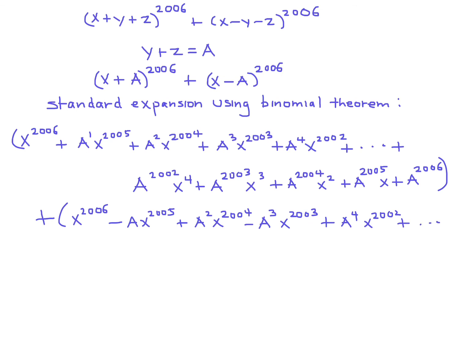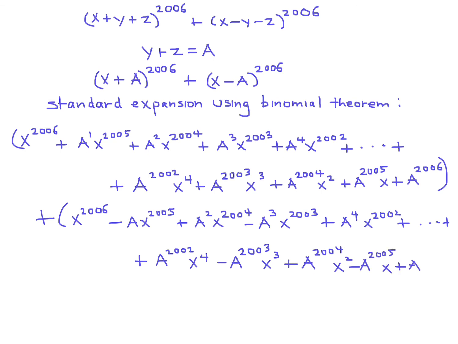Plus dot dot dot plus, and then we're going to do the last four. So plus, this was a plus up there, a to the 2002 x to the fourth minus a to the 2003 x to the third plus a to the 2004 x squared minus a 2005 x plus a to the 2006.